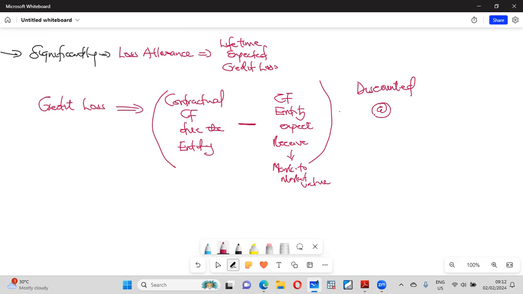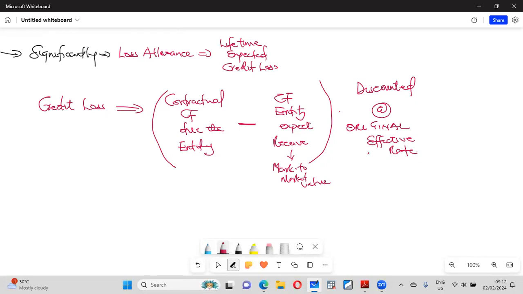Discounted at, please, this is the key, use the original effective rate. The original effective rate. So don't use any other effective rate other than the original effective rate. So that is how you calculate credit loss.